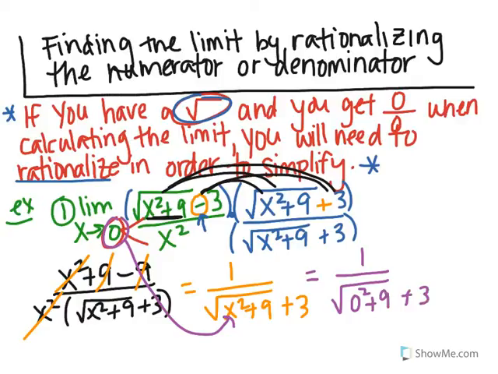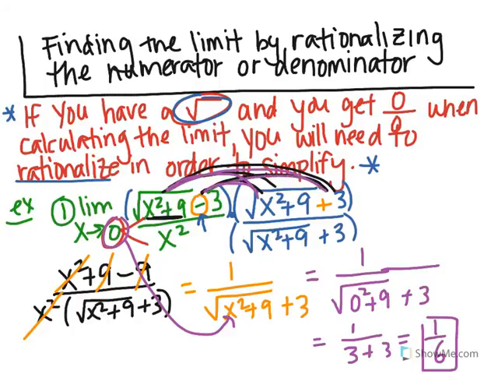I just basically get the square root of 9, which is 3. So I get 1 over 3 plus the 3 here. This plus 3 is in the denominator. So I get the limit as 1/6. If you need to go back and see how I foiled, the outer and the inner ended up canceling, and then the negative 9.